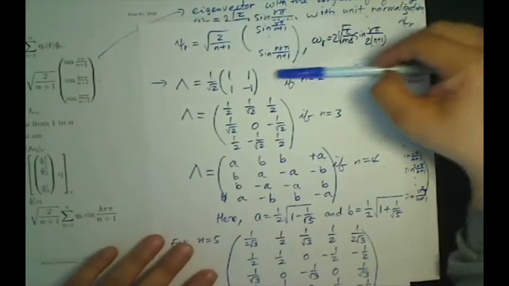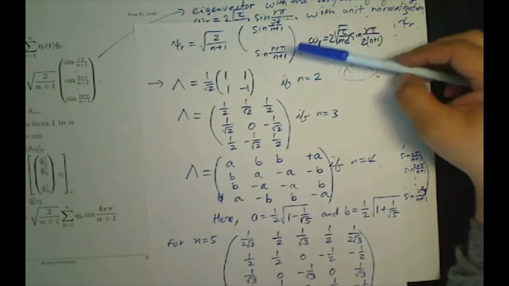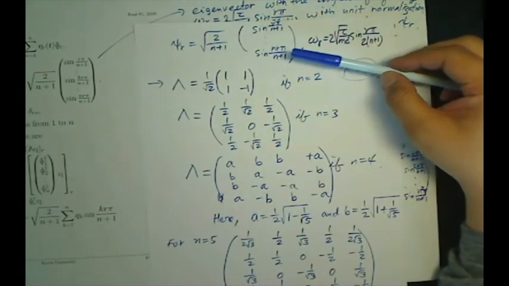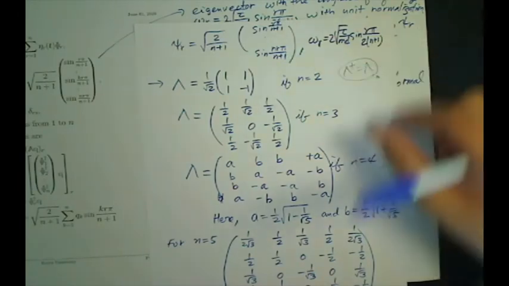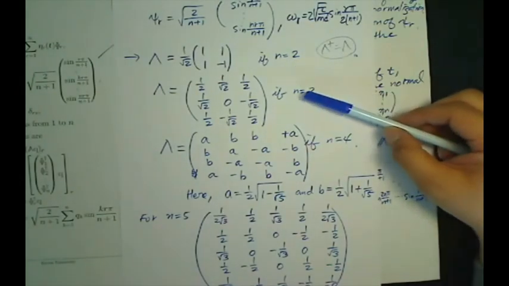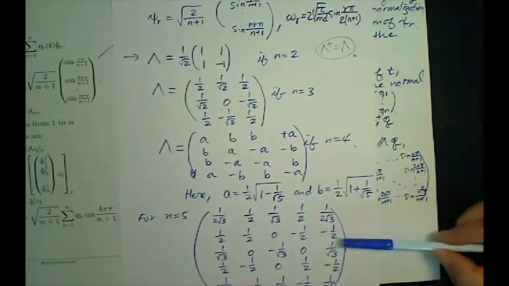So we can make use of this to find the diagonalizing matrix, the transformation matrix, for many cases. This is for n equals 2, n equals 3, n equals 4, and even n equals 5.